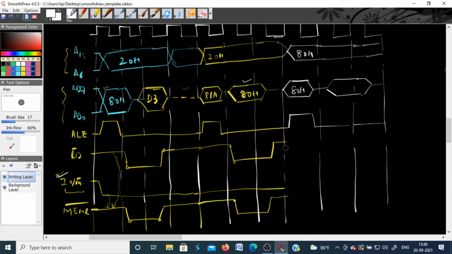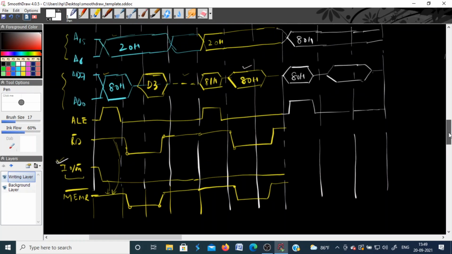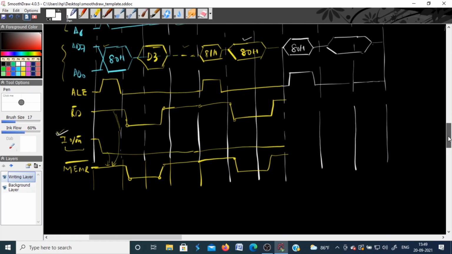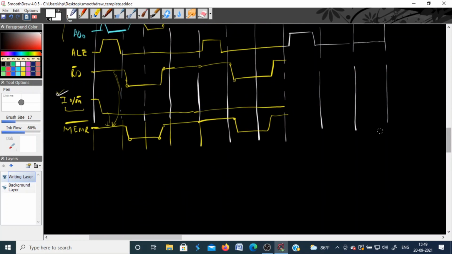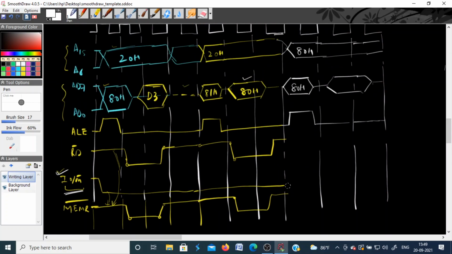Now since it is a write operation, the read signal will not be used, but in place of the read signal, it will be a write signal. And along with the write signal, you have to set this control signal to 1, since it is an input output operation.